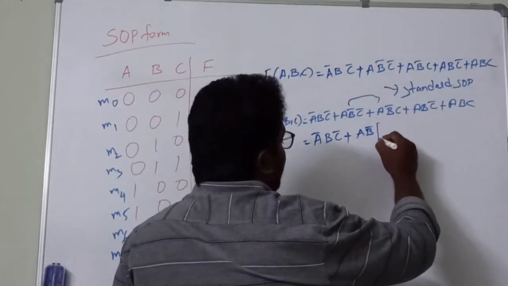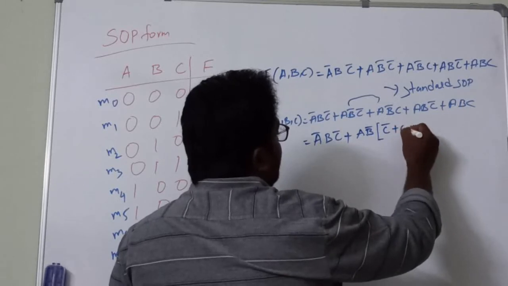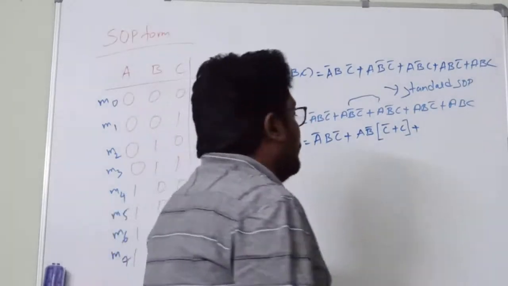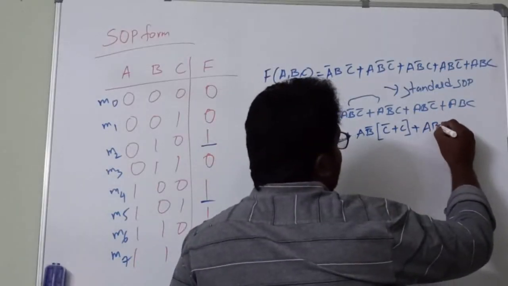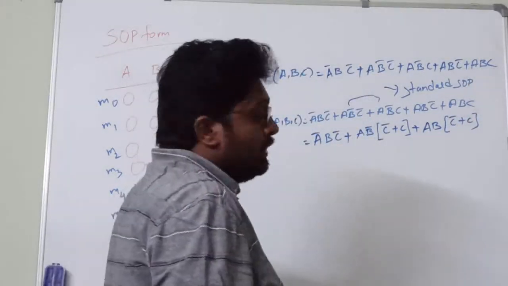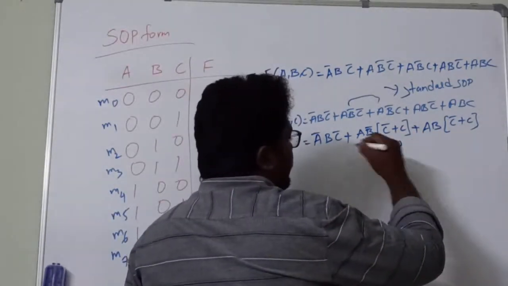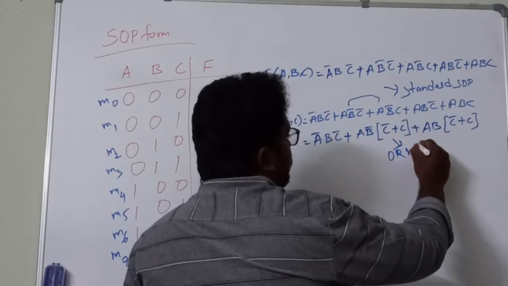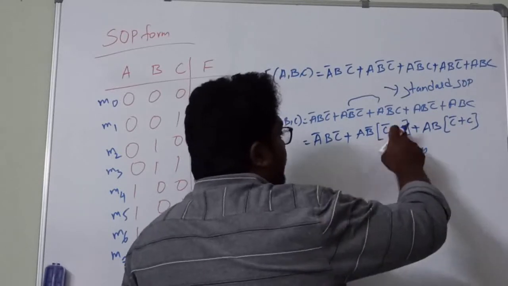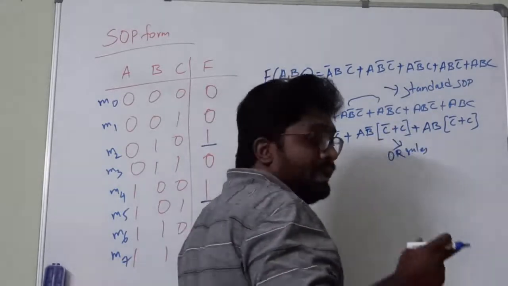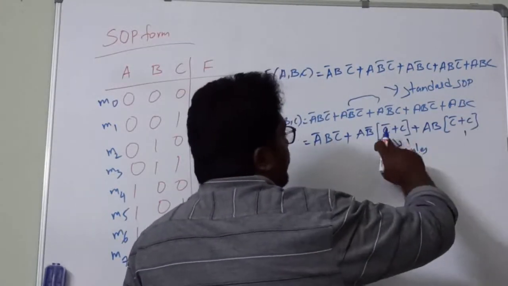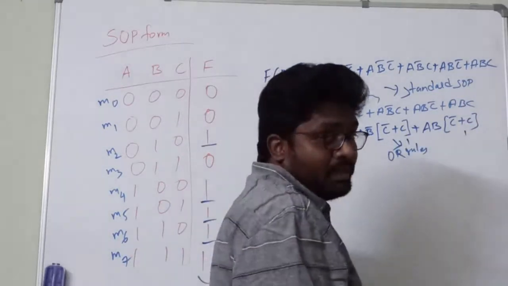So A B complement into C complement plus C, plus, for the fourth and the fifth terms I am taking A B as common, then it will become C complement plus C. So here, by using the OR rules, if you have any variable and its complement in an OR operation, then it will become 1. So C complement plus C will be 1, and again C complement plus C will become 1.